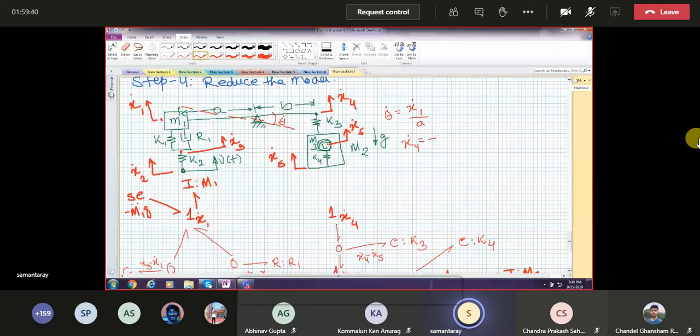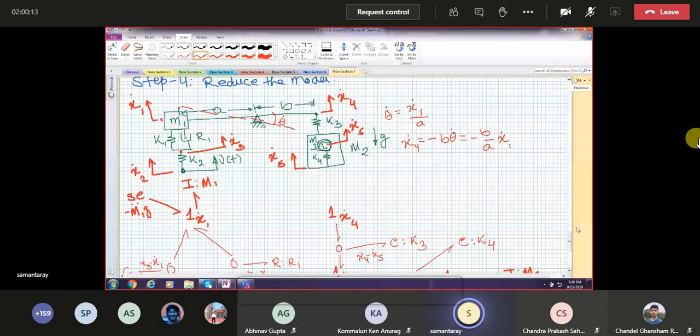If theta dot is positive this way, downwards, then x1 dot is positive, and x4 dot will be minus b theta dot. That is minus b by a times x1 dot. So this transforms not only the velocity, this also transforms the forces, in the opposite direction. So we will put a transformer minus b by a from x1 dot to x4 dot.